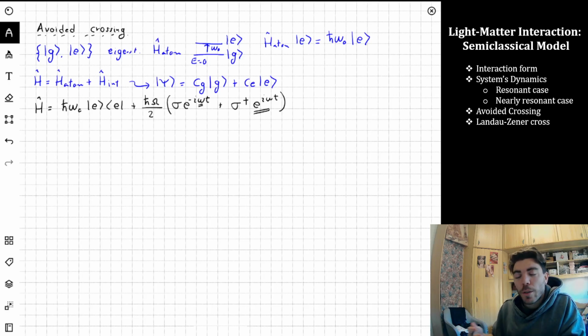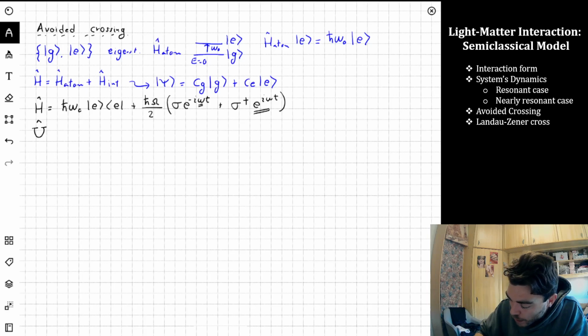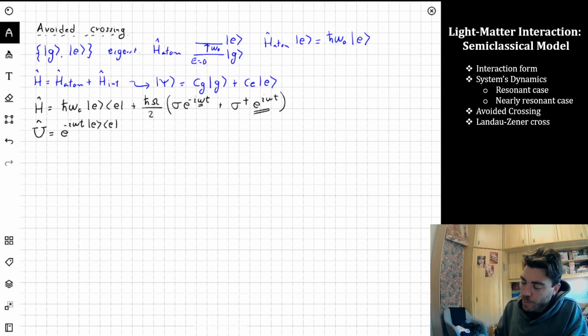Now if we want to do it with the operator, what we can do, and this we will do a lot in the lectures, is apply a unitary transformation. In particular, let's say that we want to apply this particular unitary transformation, U, to the Hamiltonian.